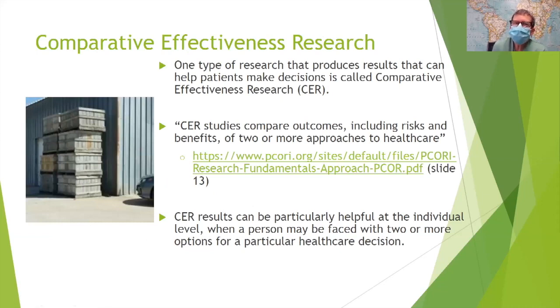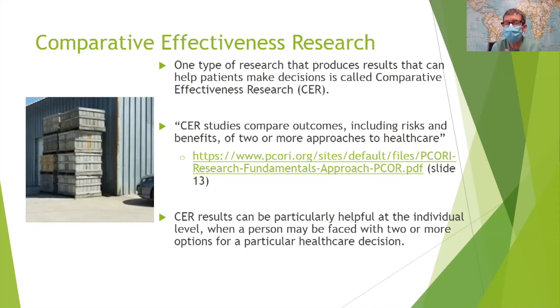So one type of research is called comparative effectiveness research. And this is a type of research that can be particularly helpful if an individual may be faced with a decision for which there may not be a really clear best answer.